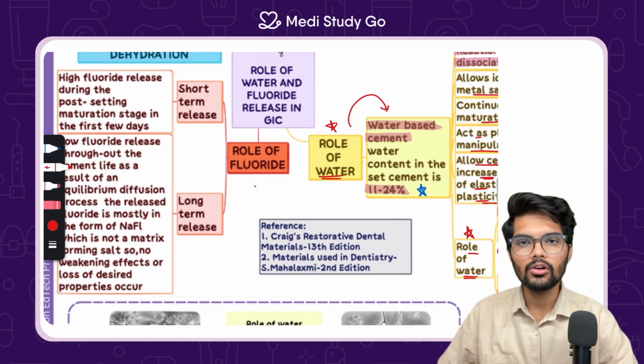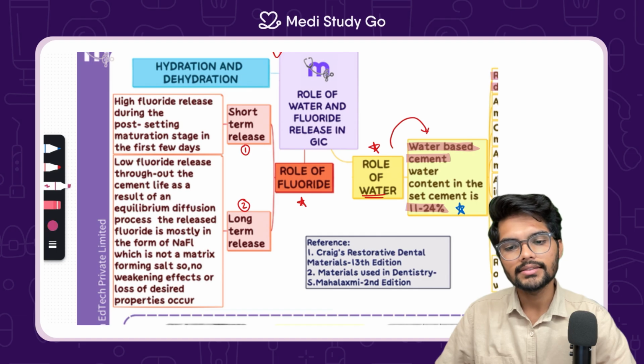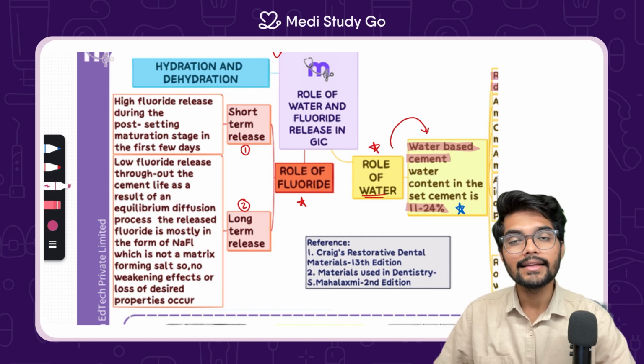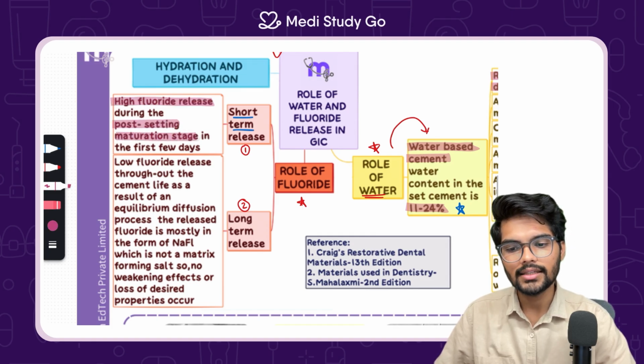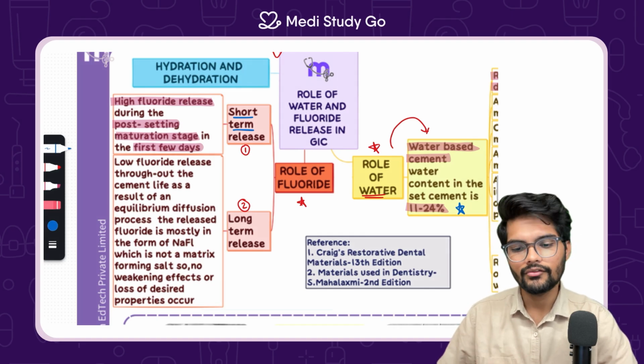Now coming to the role of fluoride. So there are two types, the short term release and long term release. When we consider the short term release, there is going to be exponential fluoride release during the post-setting maturation stage in the first few days, where basically the cement is going to release the maximum amount of fluoride.